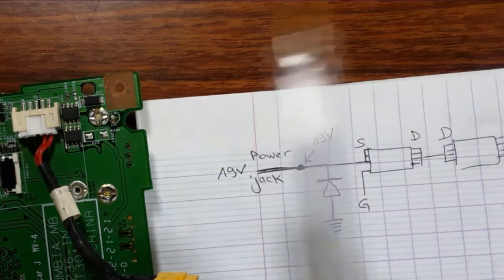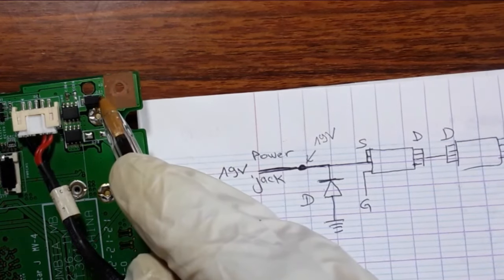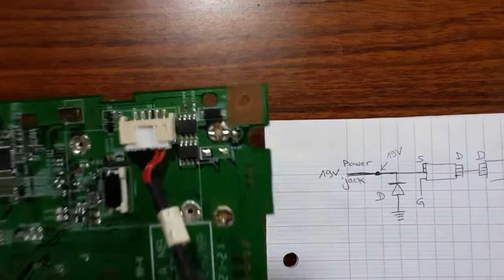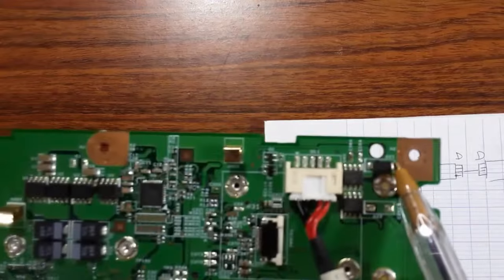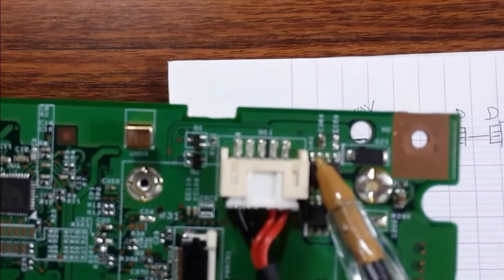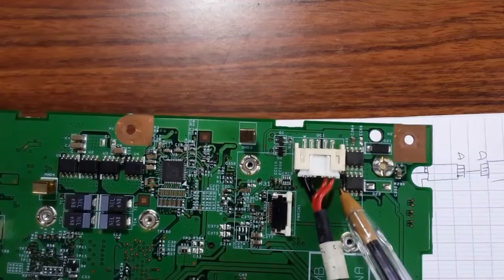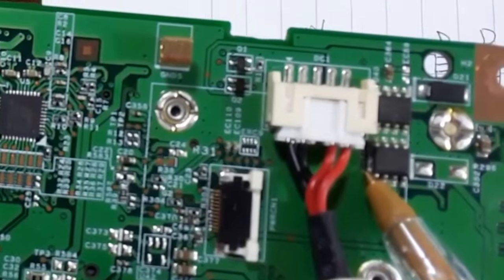We have the diode, D21, as you can see here. Here we have U40 for this switch, and here we have U41.